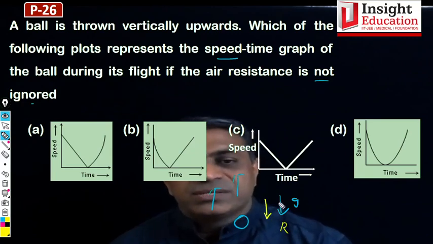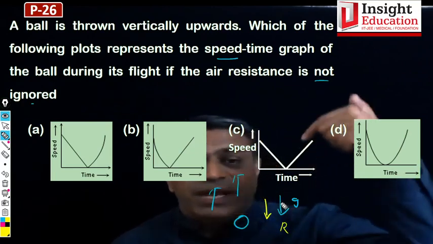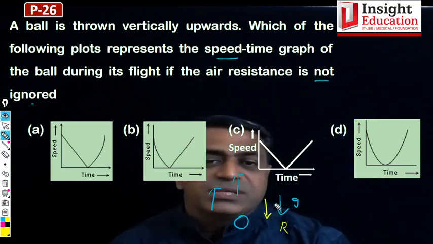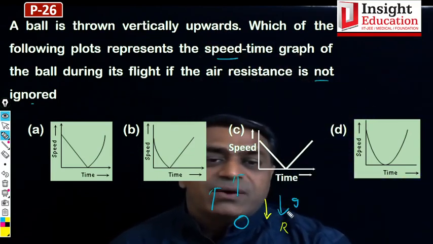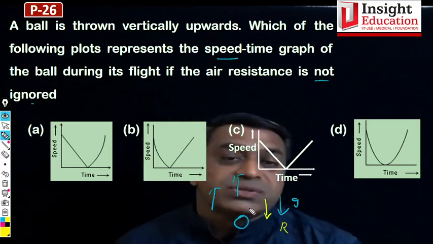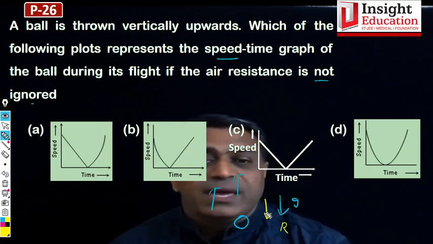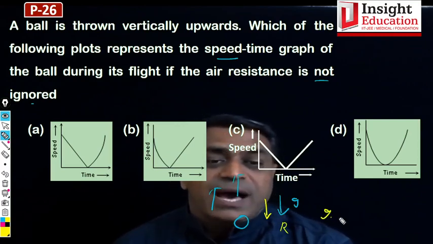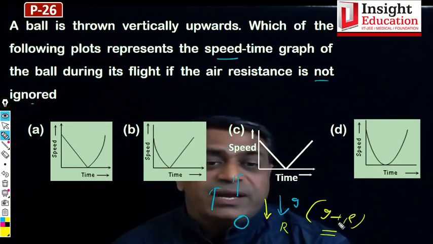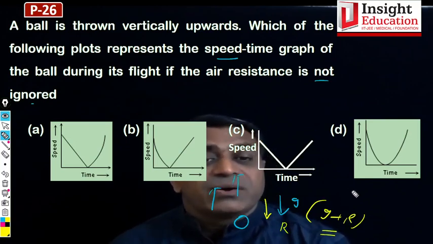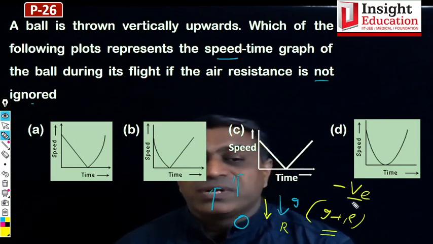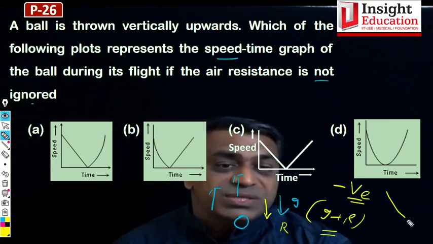Because of resistance and acceleration in the negative direction, speed decreases. Now g is constant, and resistance is also constant, so g plus R is overall constant. For constant negative acceleration, the graph should be a straight line.